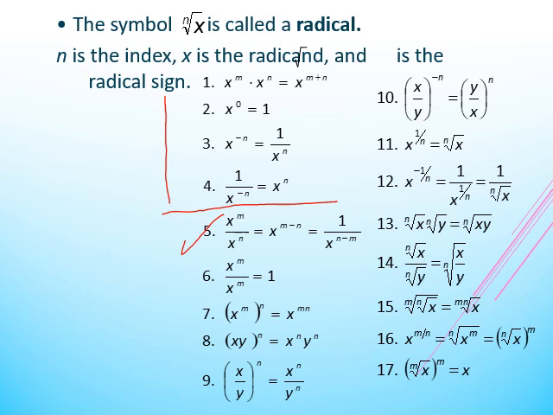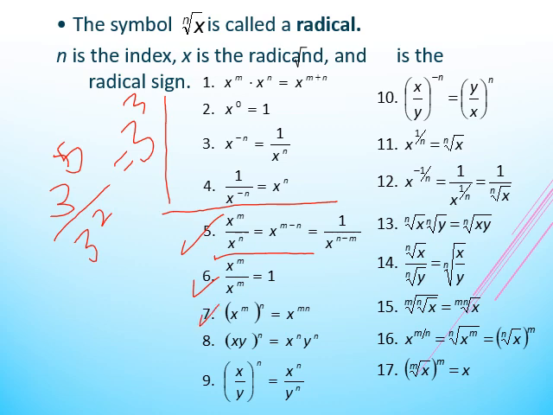So if we have 3 to the power 5 over 3 to the power 2, the value is equal to 3 to the power 3, which is 5 minus 2 here. Number 6, if we have the same value in the numerator and denominator, of course it's equal to 1.